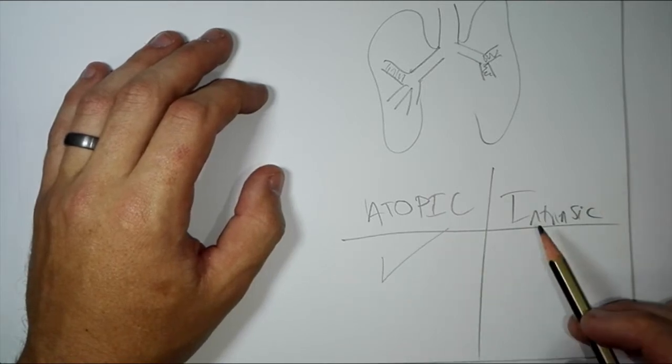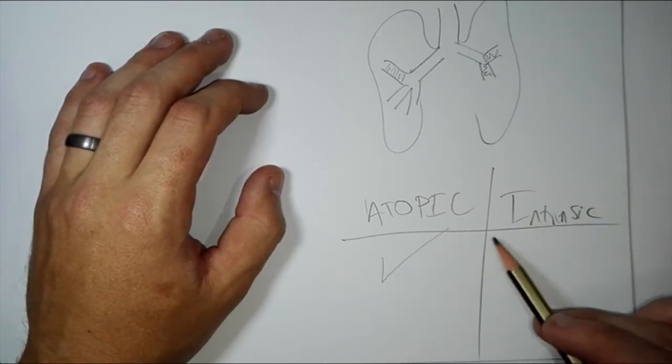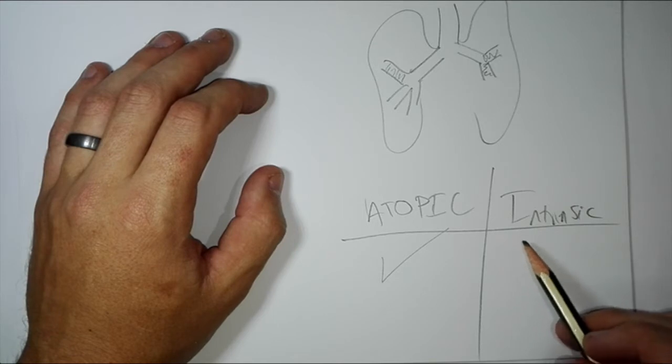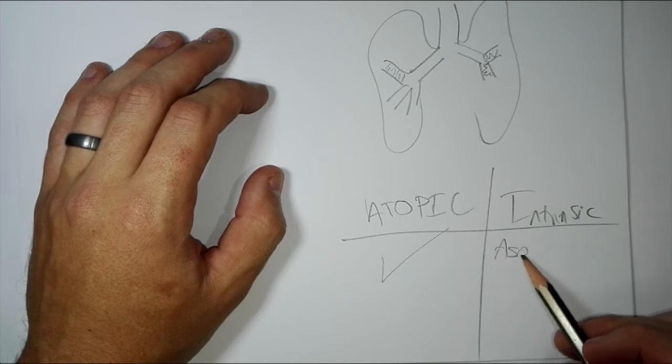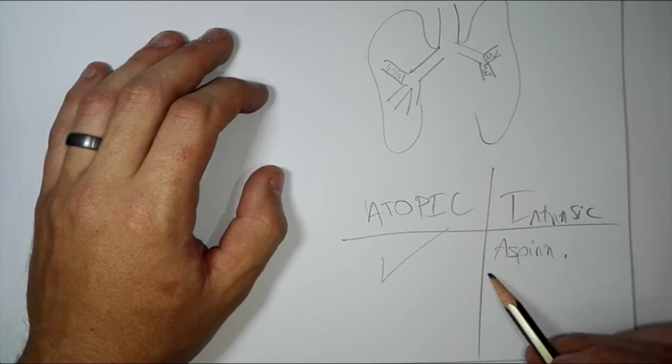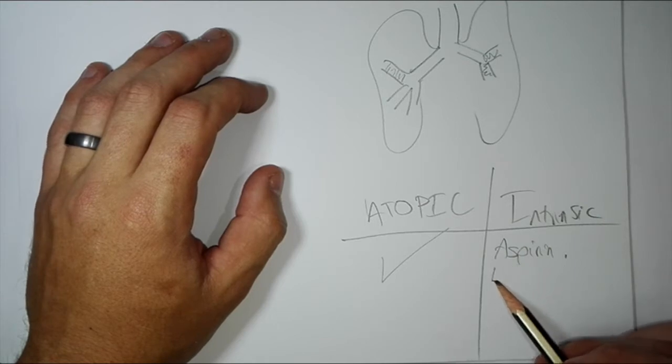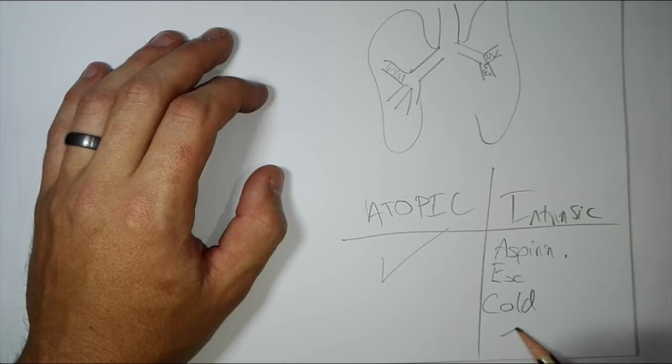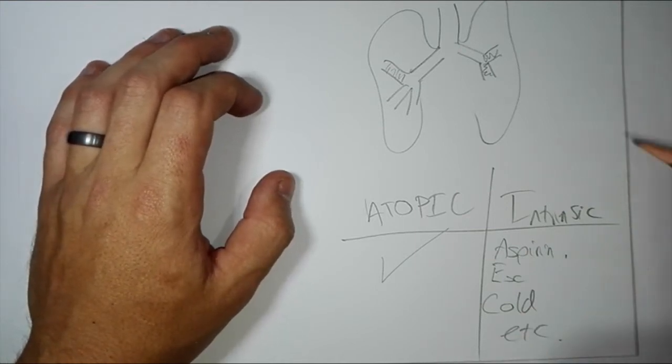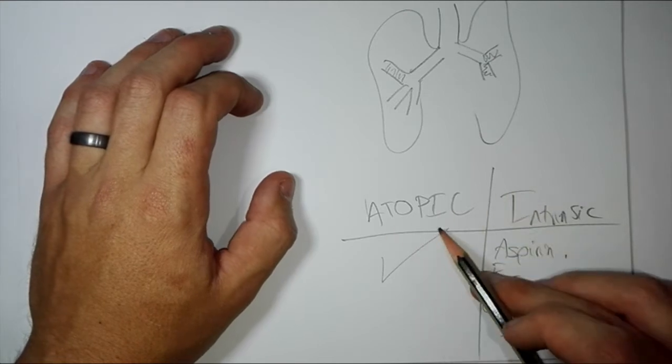We don't really go into the intrinsic asthma because the mechanisms here aren't really known. The only one we will go into a little bit is aspirin-induced asthma. But you must also know that we get things like exercise-induced asthma, cold-induced asthma, etc. But for purposes of this PHC213 model, we're basically going into atopic asthma.